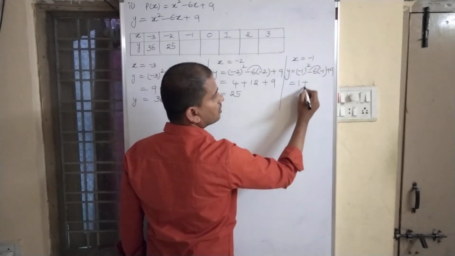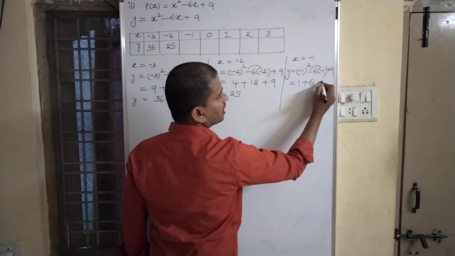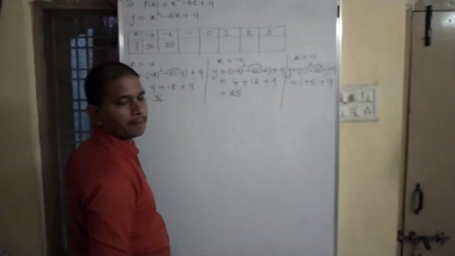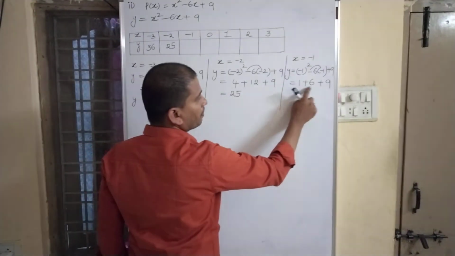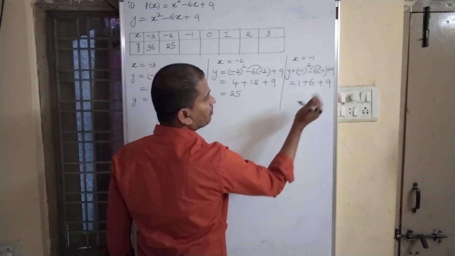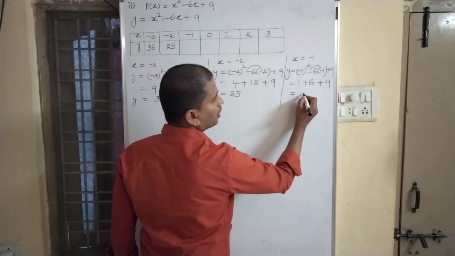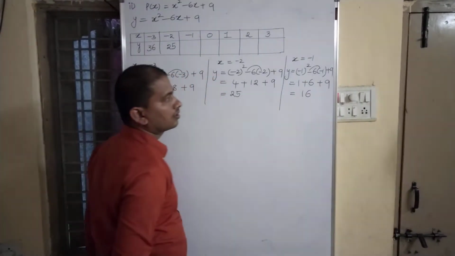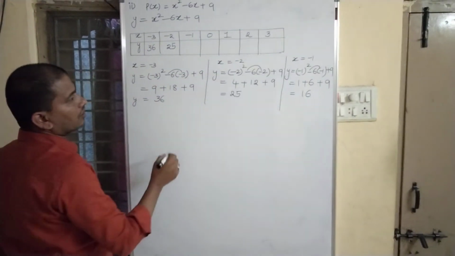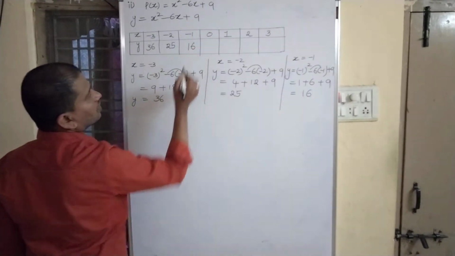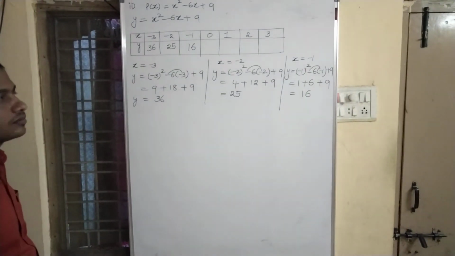Minus into minus plus, 6 1 is 6, plus 9. 1 plus 6, 7. 7 plus 9, that is equal to 16. When x equal to minus 1, the value of y is 16.